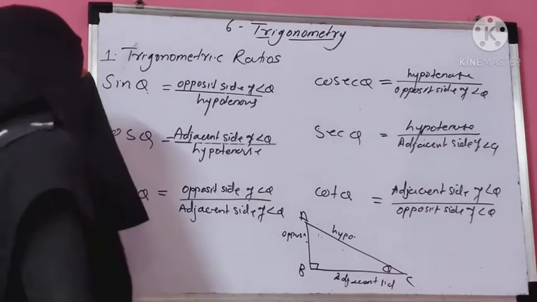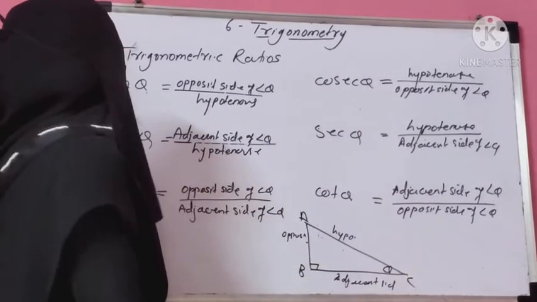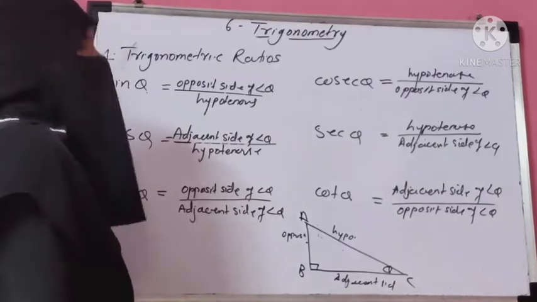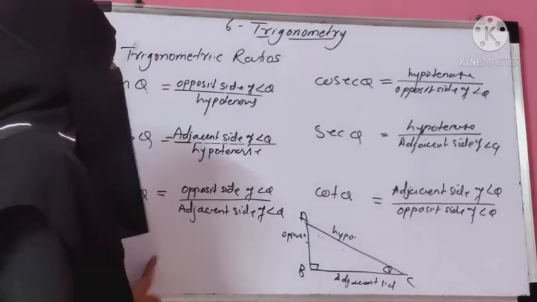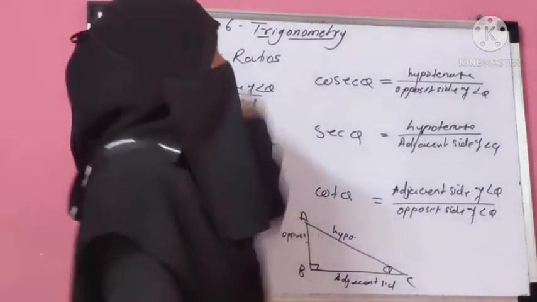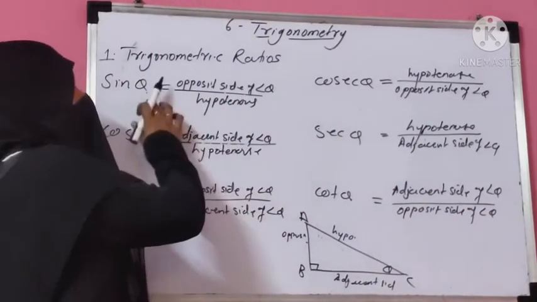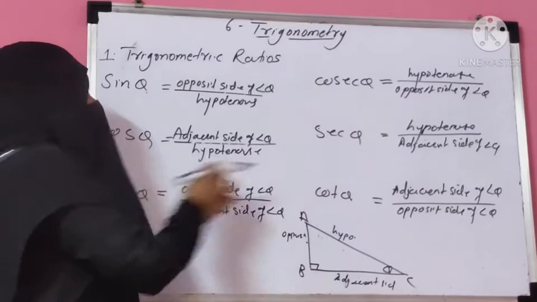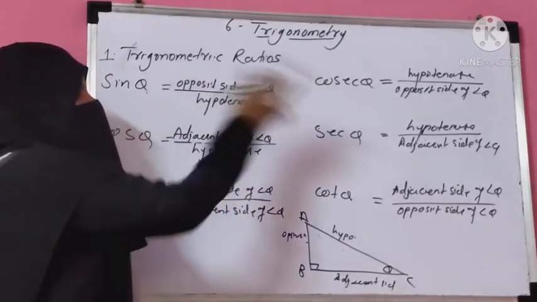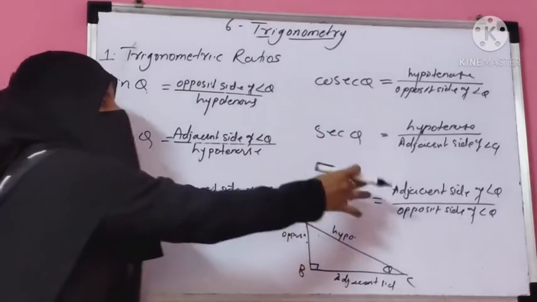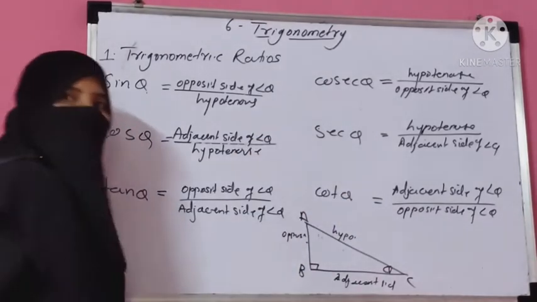Got it? These 6 are the trigonometric ratios. If you remember the first 3 formulae, sin theta, cos theta and tan theta, then the other 3 are just their inverses. Cosec theta is the inverse of sin theta, sec theta is the inverse of cos theta, cot theta is the inverse of tan theta.